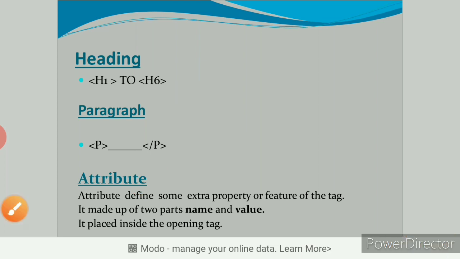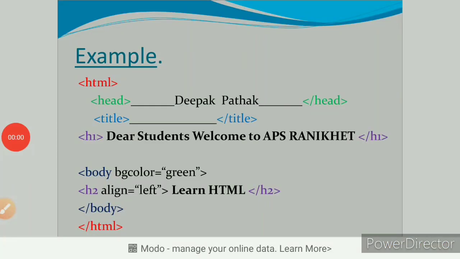It is called an attribute. Dear students, here is an example of basic HTML code. As you can see, first of all, I write the HTML tag. After this HTML tag, I write a head tag.